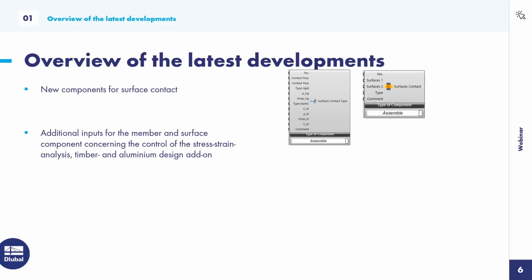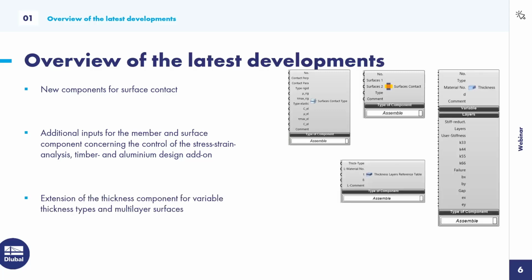We also extended the member and surface components with additional inputs for the stress-strain analysis, timber, and aluminum design add-on. How you can control these add-ons I will show afterwards. I think the key feature is here the template functionality that we implemented a while ago into our export component.